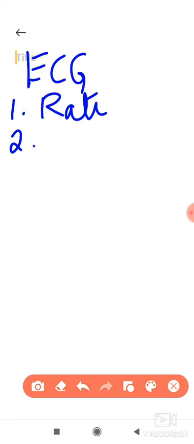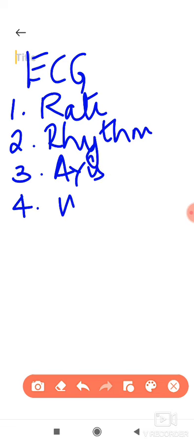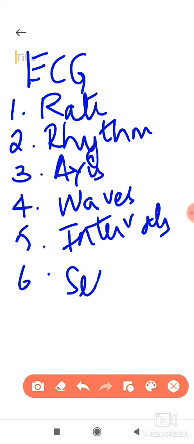Rate, rhythm, axis, waves, intervals, segments.